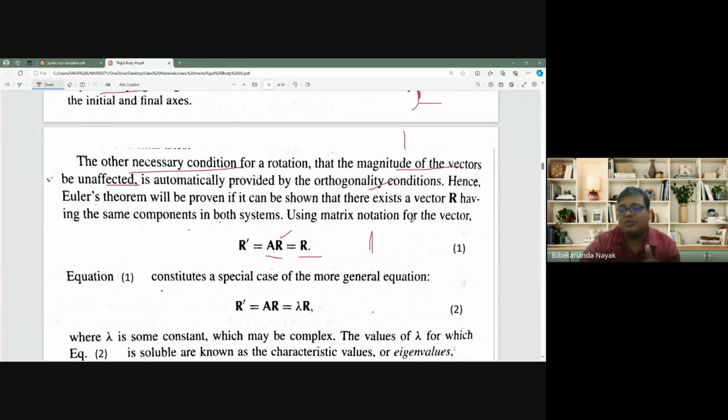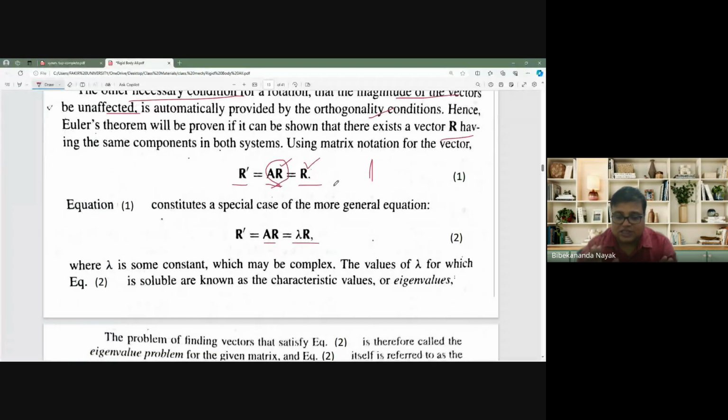Let that vector be R. When the operator A acts on R, giving R prime, it will obviously be R, because R is on the axis of rotation. This equation can be written as AR equals lambda R, where lambda is equal to 1. This is the starting of the proof.